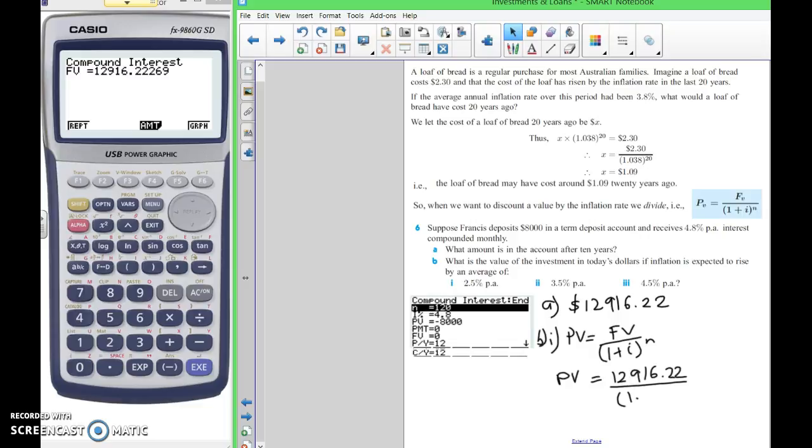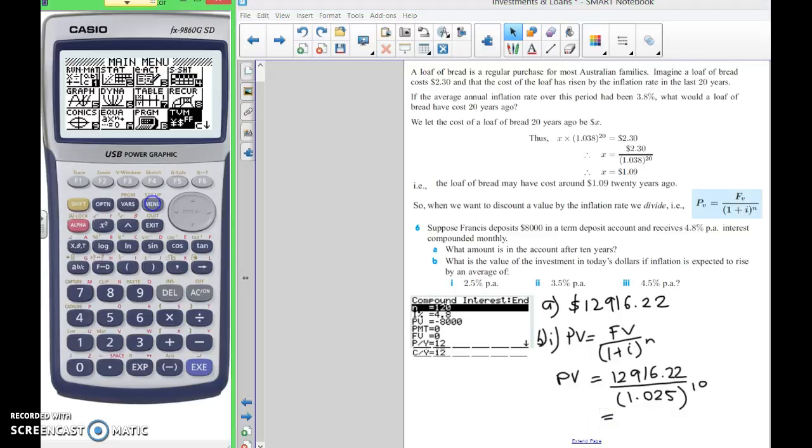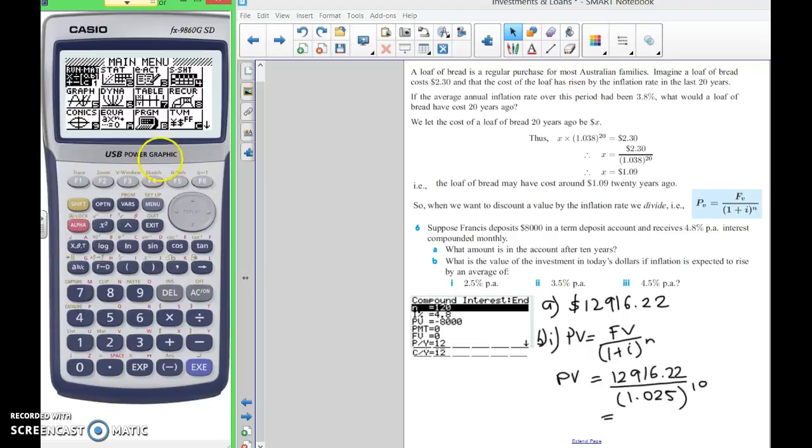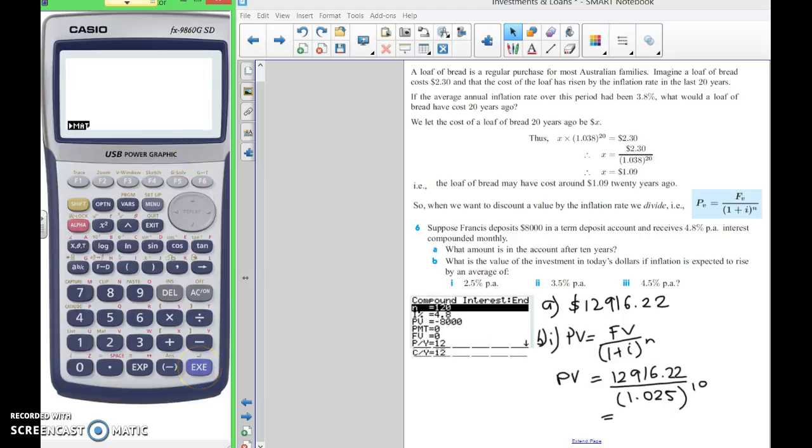And if we follow this one, we can change the rate to a decimal. We should know how to change that quite easily. Now it's over 10 years, so we need it to the power of 10. So we'll just change menus here again. So we're going to do $12,916.22 divided by, in brackets, 1.025 bracket to the power of 10.